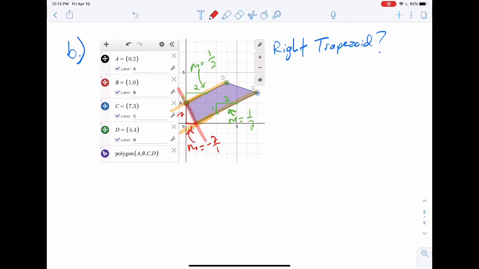And so yes, those are right angles because -2 over 1 and 1/2 are opposite reciprocals. So it is a right trapezoid.